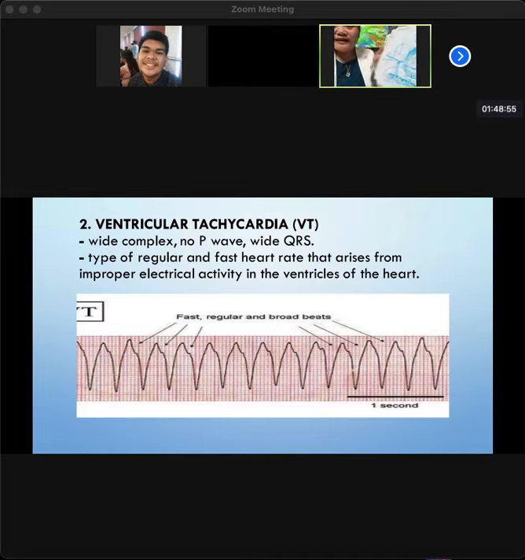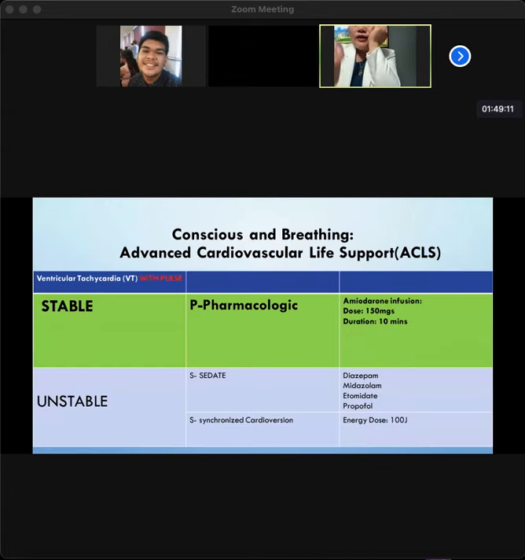Okay? Naintindihan? So for your VTAC, it is the type of regular and fast heart rate that arises from improper electrical activity in the ventricles of the heart. Okay? For the treatment of your VTAC or ventricular tachycardia, and the patient has pulse, remember, you're still at your ACLS.